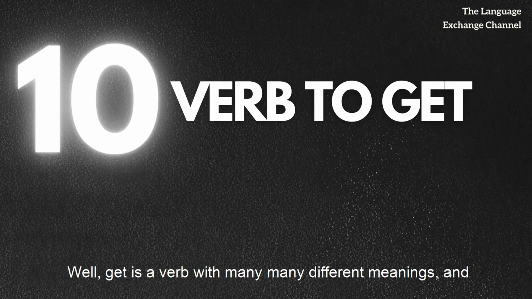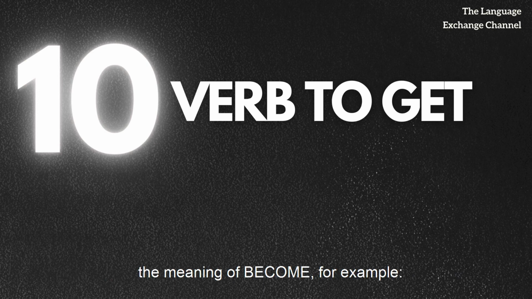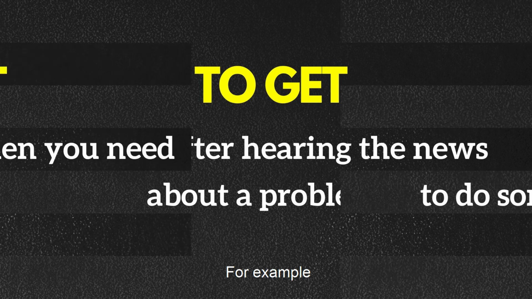Well, get is a verb with many different meanings, and there is the verb to get with the meaning of become. For example, I got sad after hearing the news about a problem, for example.